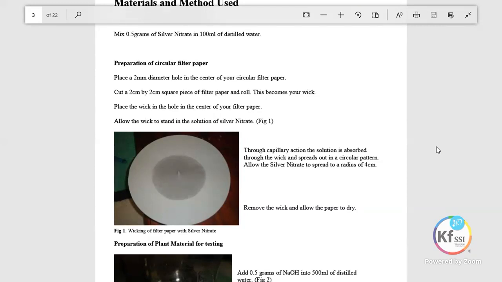We created a little hole in the center of the filter paper and put the wick through, then let this sit in the solution of silver nitrate. Through capillary action, the liquid gets absorbed, and we did it to a radius of 4 centimeters. We then removed the wick and allowed the paper to dry. So that was the basic preparation for the filter paper.